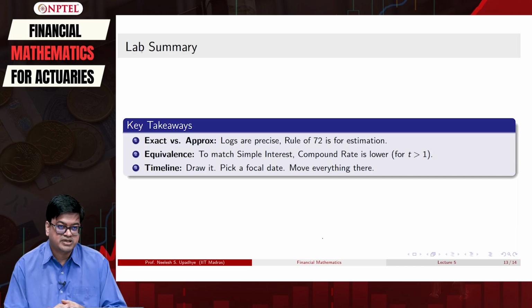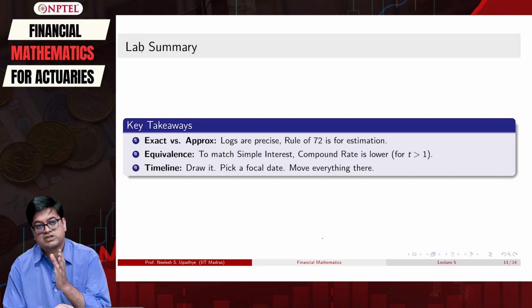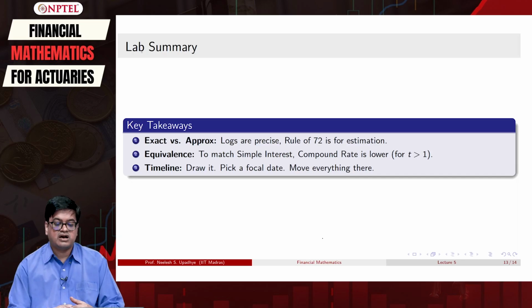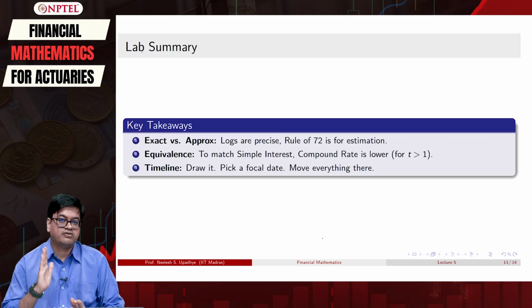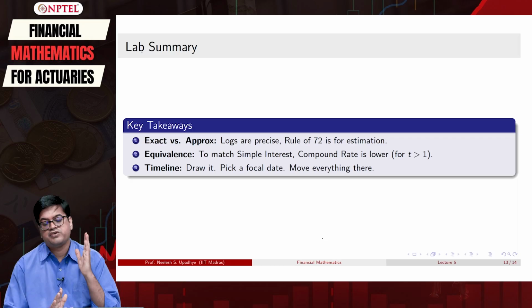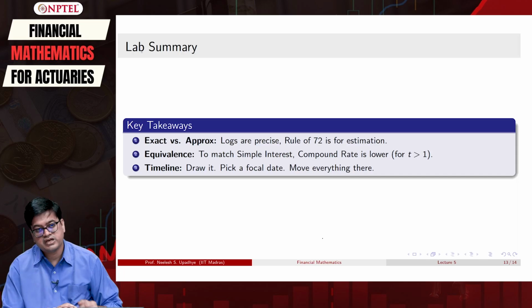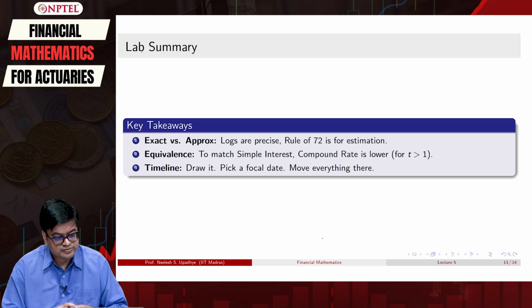Whenever you are given a question of cash flows with various cash flows coming at different times, it is always a good idea to draw the cash flows, then pick your focal date and move everything to the focal date, each cash flow individually, and then compute the total accumulated value.